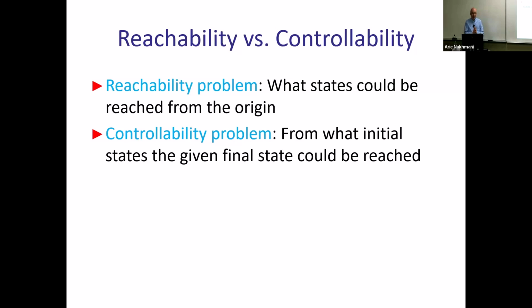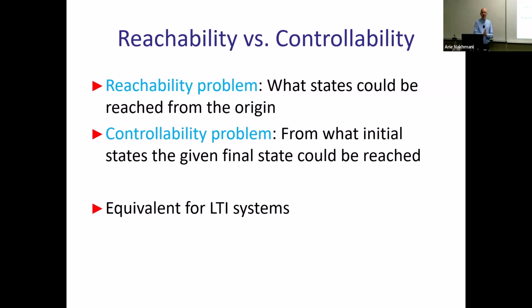So in LTI systems, reachability and controllability practically are the same. And that's why I'm not differentiating. And the reachability matrix will be exactly the controllability matrix. But reachability might be very different for nonlinear systems.